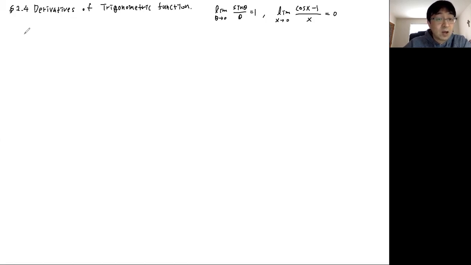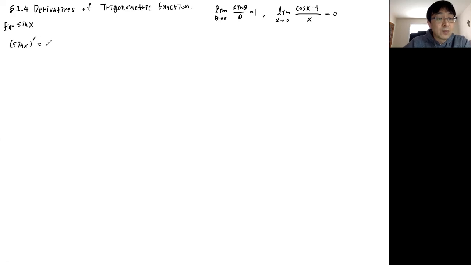The first one, what is sine of x prime? I can calculate it. You can write this is f of x. Find sine of x prime.